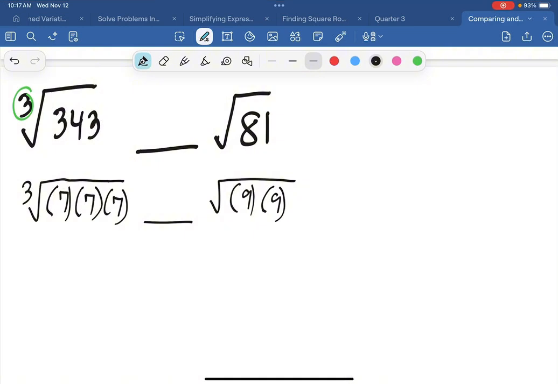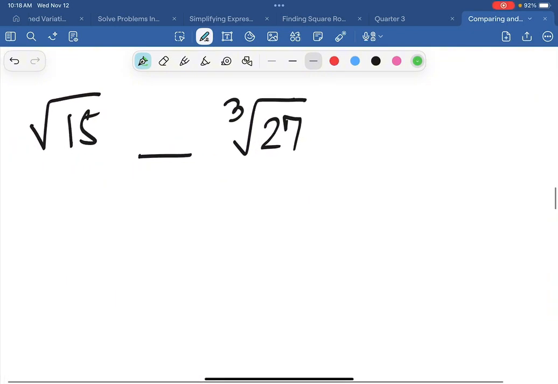So based on this, when we extract the cube root of 343, the number that is inside the radical sign is 7. And the square root of 81 is 9, so you write it down. So obviously, based on the given, 7 is less than 9.